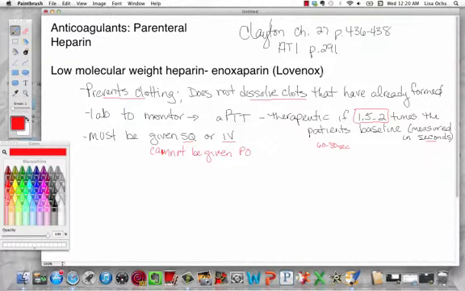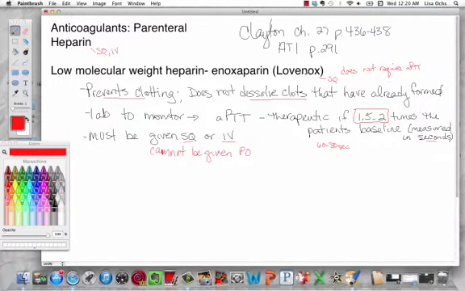Lovenox is given sub-Q only. Heparin can be given sub-Q or IV. Lovenox does not require frequent monitoring of those PTT levels, and heparin does.